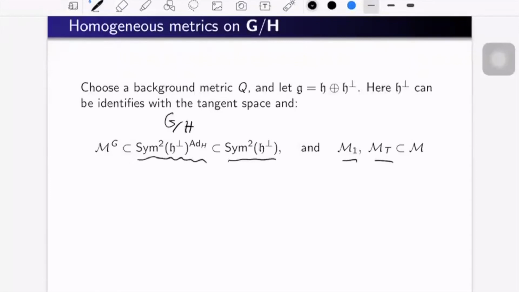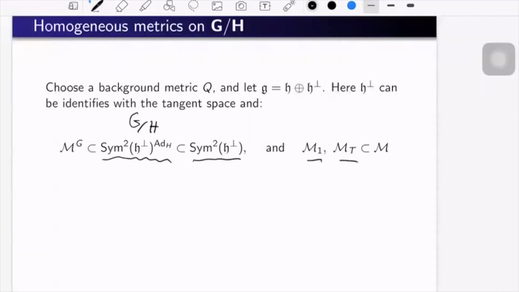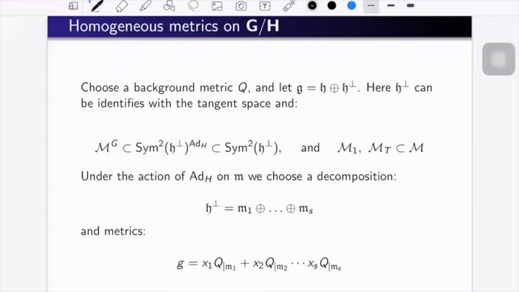Now I can ask how I describe the metric. Well, you split the perp into summands with respect to H, and on each one I let the metric be a multiple of some background metric.